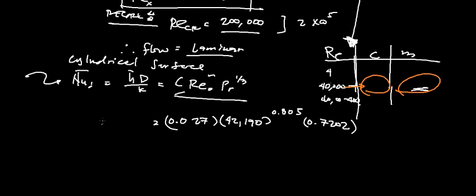Okay, and from here we have the h, and our characteristic length is 0.1 meter, and our k can also be found here in our table.